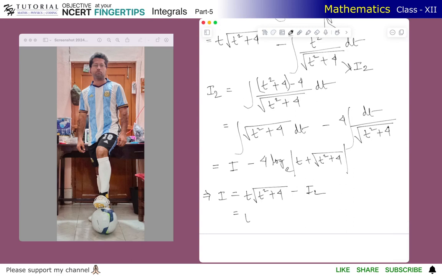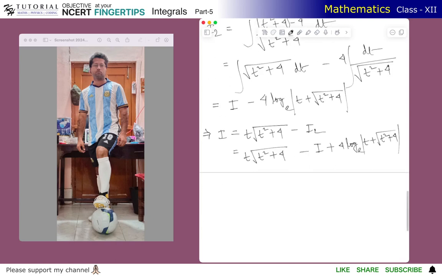This equals t into root over t square plus 4. What is I2? I2 is I minus 4 log e of t plus root over t square plus 4.